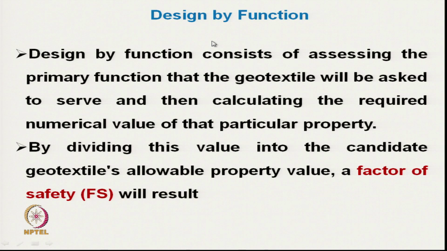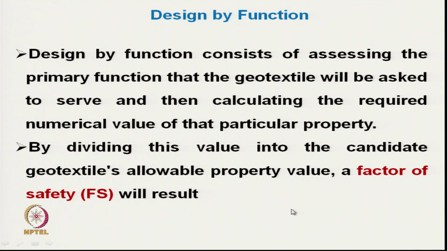Design by function consists of assessing the primary function of the geotextile that it will be asked to serve, and then calculating the required numerical value of the particular property. By dividing the value into the candidate geotextile, whatever the geotextile we use, the allowable property can be calculated using the factor of safety.